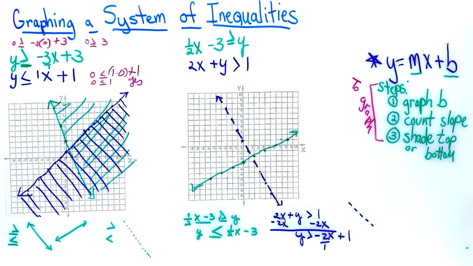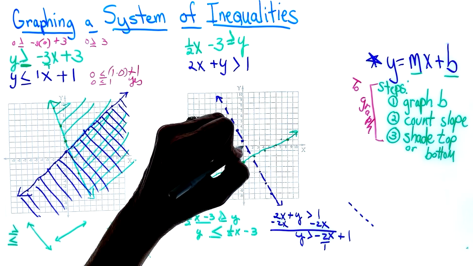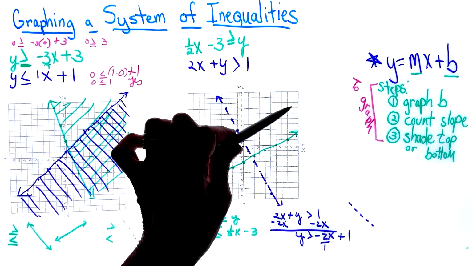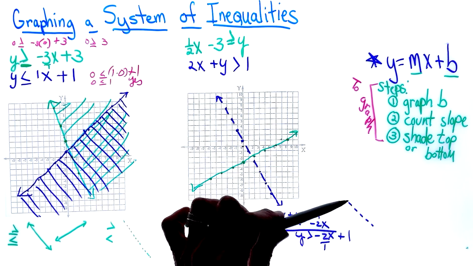Now, we didn't check to see which is going to be shaded, the top or the bottom for the first one. So I'm going to pick my ordered pair that I like, which by now you know is 0, 0. So here's my 0, 0 point, and I'm looking at my green line. It's either going to be shaded on the top or on the bottom.